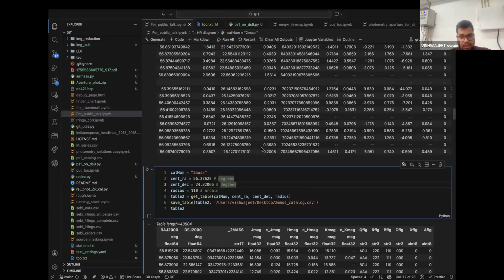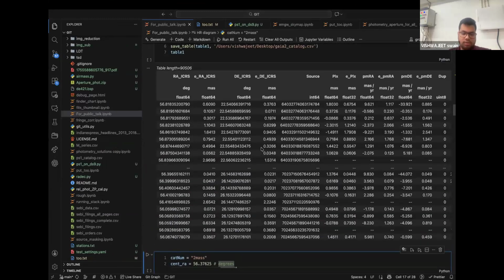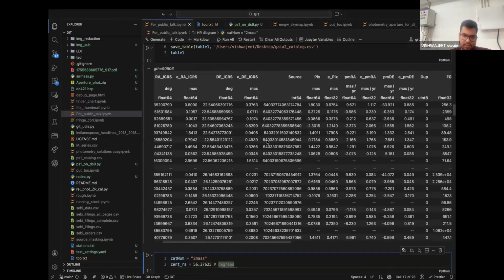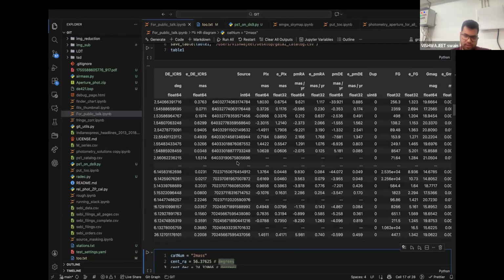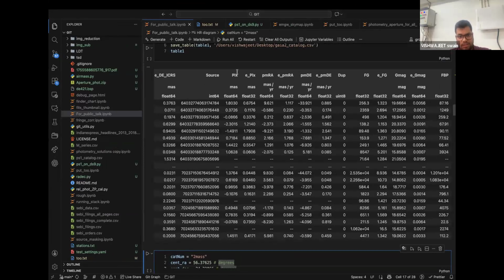Okay, so let's go through a little bit of the column names. Here you can see the array uncertainty is array, and the dec uncertainty is dec. So these are the position uncertainties. This is the ID, which is the source ID, and this is the parallax, in milliarcseconds, and this parallax will basically tell you the distance of that particular source.